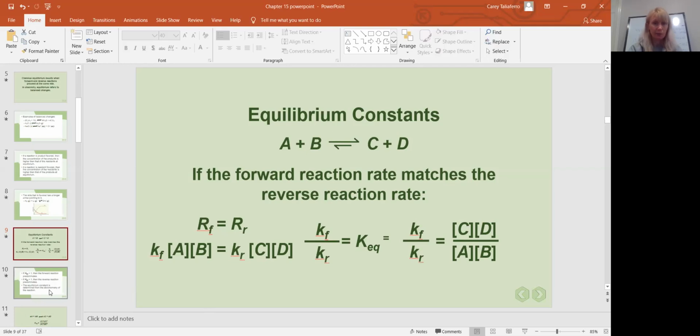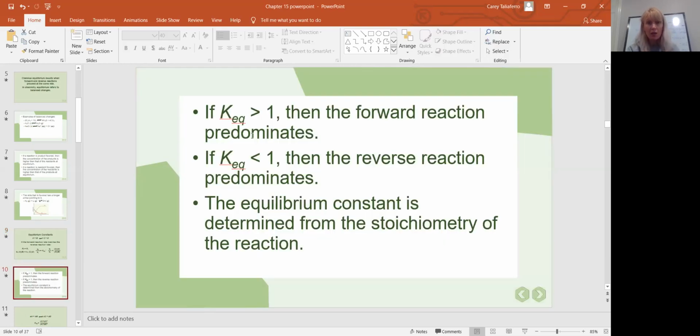Well, why does that matter? Because if you have an equilibrium constant that's greater than 1, that means your numerator, which has the concentration of your products, is going to be greater than the concentration of the reactants.